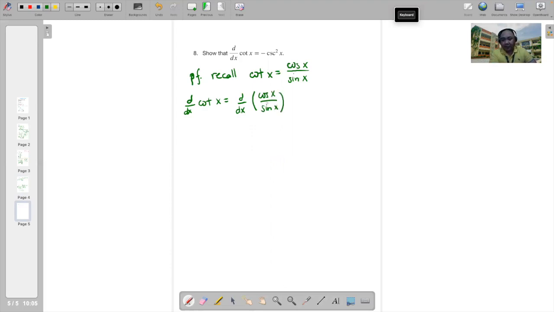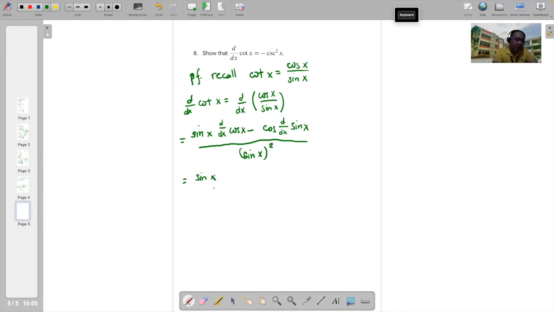Because of the quotient rule, we have low d high, so that's low times the derivative of high, minus high times the derivative of low, all over sine x squared, or low. So you have sine x times, what is the derivative of cosine x?